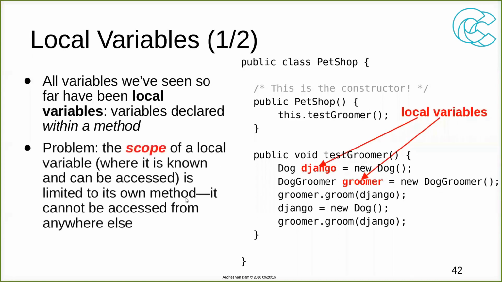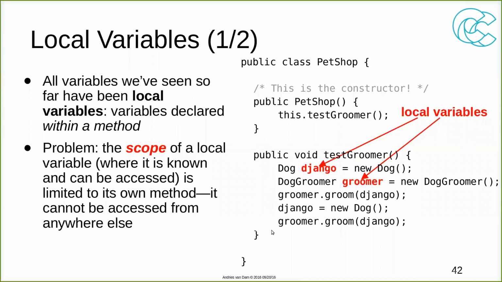Okay, so that brings us to this concept of local variables. Right? There is this concept of scope for any variable. Scope defines the region in which it can be accessed. So here Django is a local variable. It's called local because the scope is restricted to within this method.